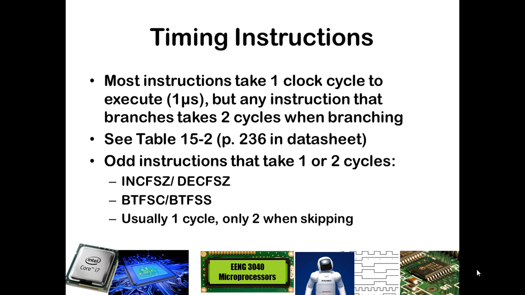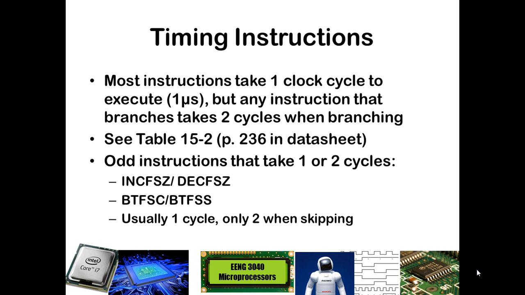There are some odd instructions that I do want to talk about that sometimes take 1 cycle and sometimes take 2 cycles. Things like increment f skipping if 0 and decrement f skipping if 0. If you're simply incrementing and it does not result in 0, so you don't have to skip, when you're just doing the increment or the decrement, that takes 1.